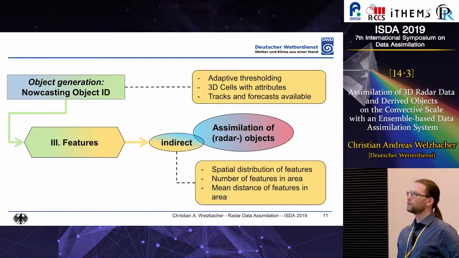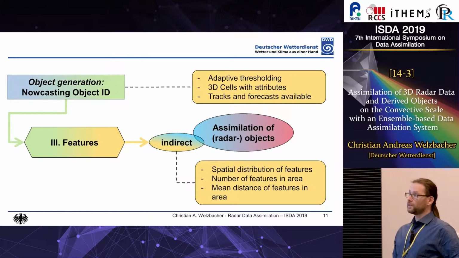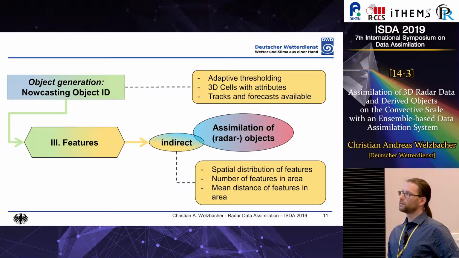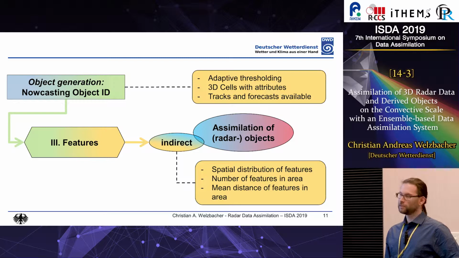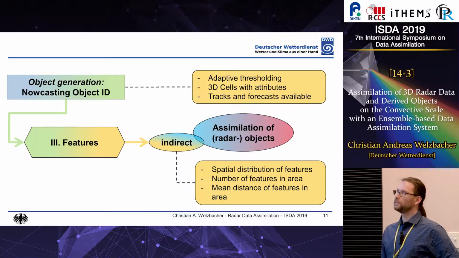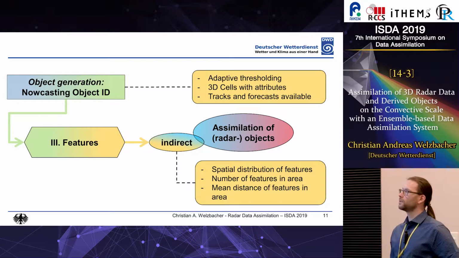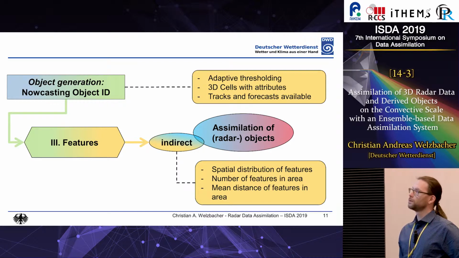Okay, the next thing I want to introduce you to are the features. This is inspired by the nowcasting object identification. Very briefly, I cannot explain the whole algorithm. They have an adaptive thresholding on the radar reflectivity pictures and create 3D cells out of that. So I really get 3D convective cells, or something we think of as convective cells. And also we have tracks and forecasts available from these guys.